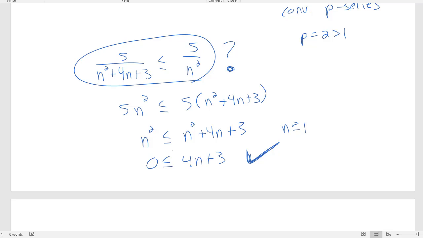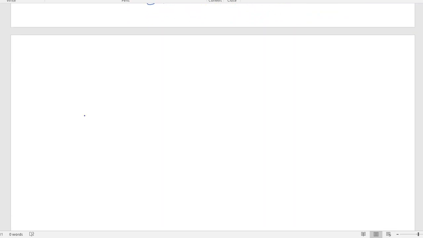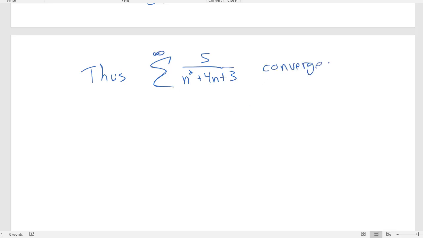We don't write it that way, but that's our thinking. So since we've shown this inequality to be true, I'm going to say thus, my series 5 over n squared plus 4n plus 3 converges by the comparison test.